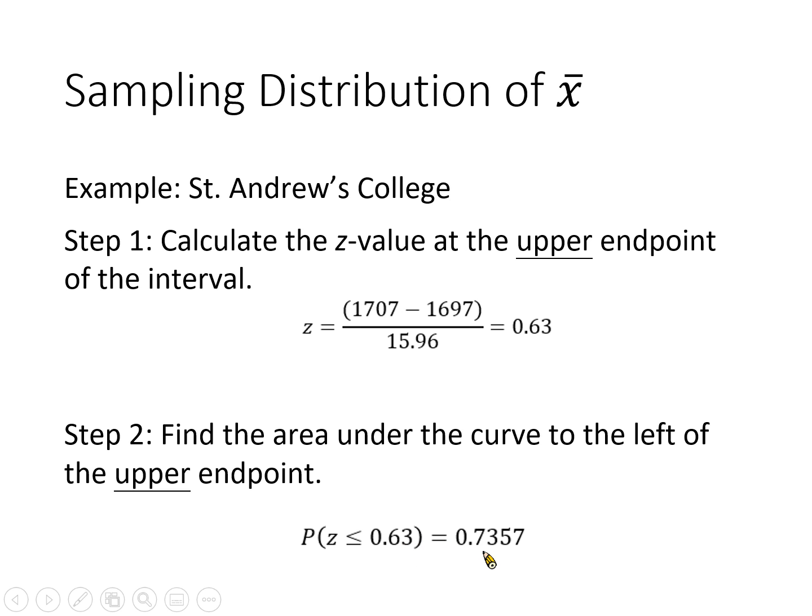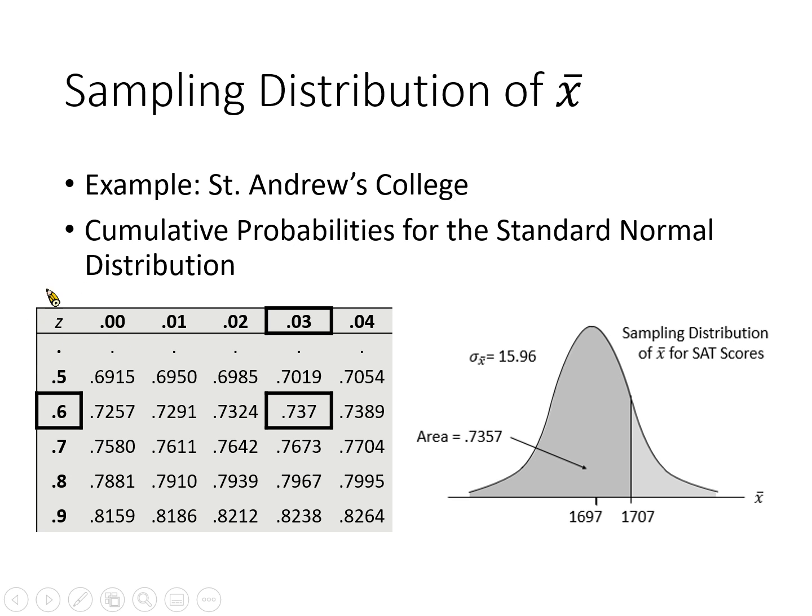If you check the normal distribution table, you will find the probability is 0.7357 here. That means the probability below, in the darker gray area, is 0.7357.